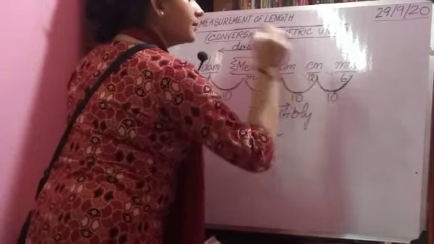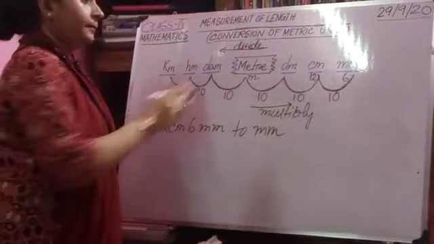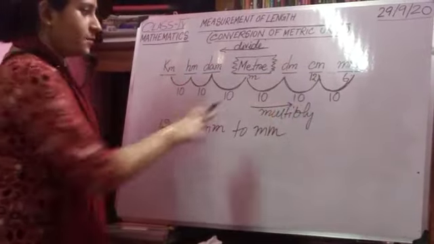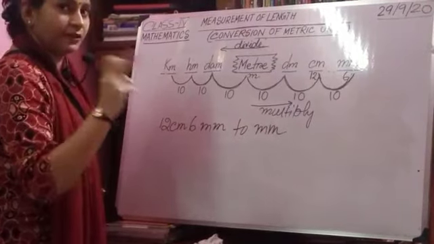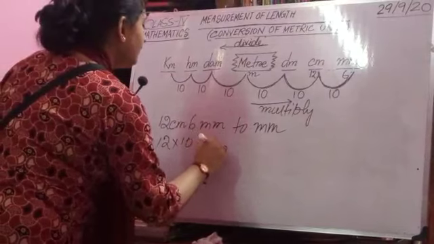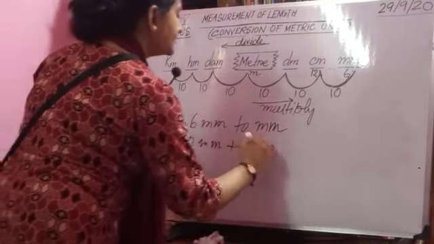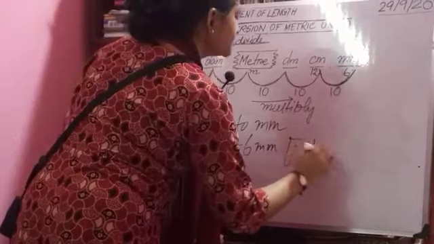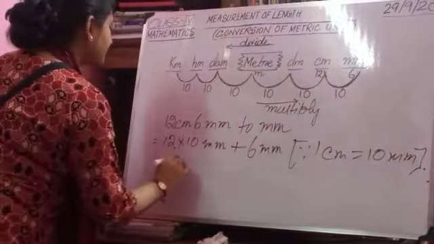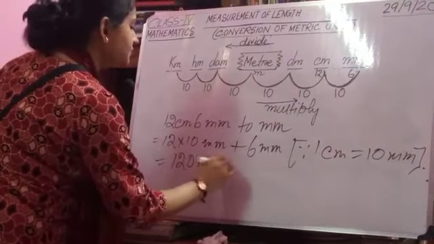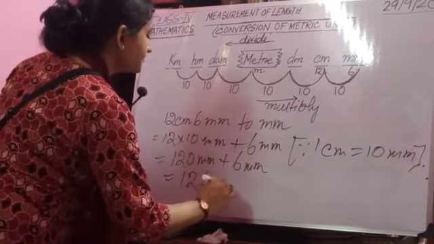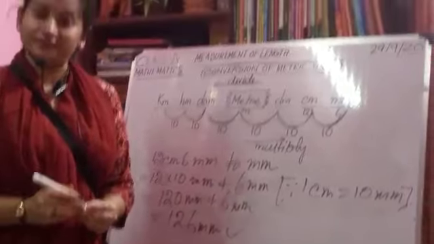It will have to travel only one gap, and right hand side. So multiplication, it should be multiplied by 10. So 12 into 10 millimeter plus 6 millimeter, since 1 centimeter is equal to 10 millimeter, 120 millimeter plus 6 millimeter gives you 126 millimeter, and this is your final answer.